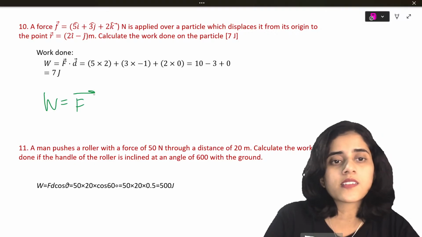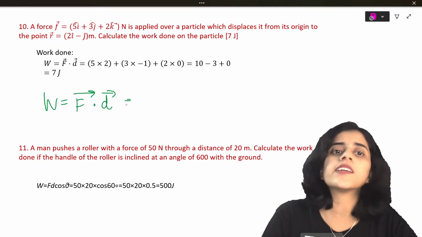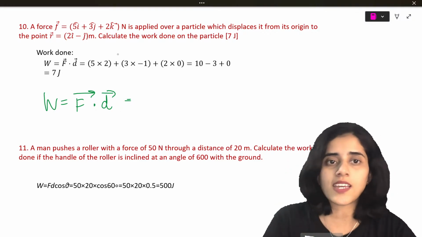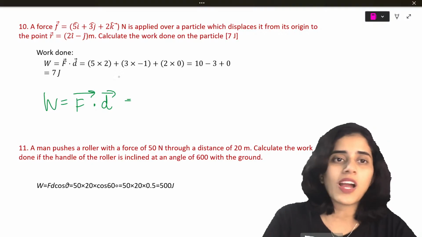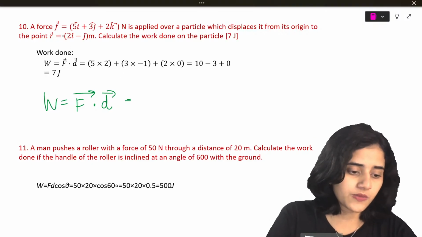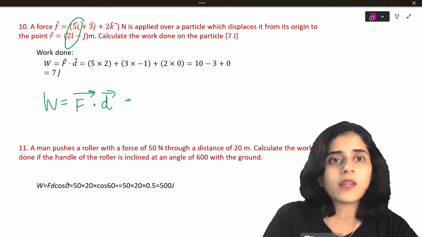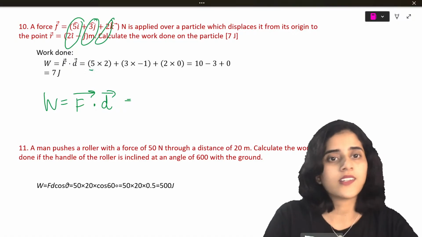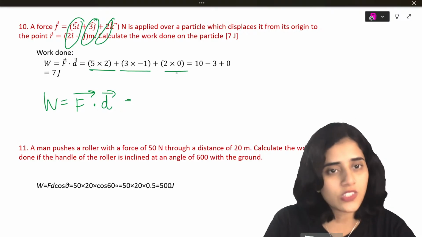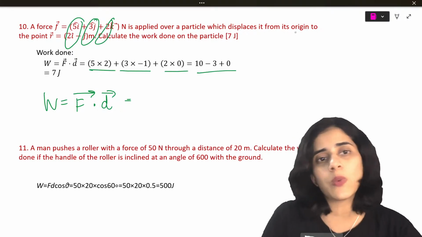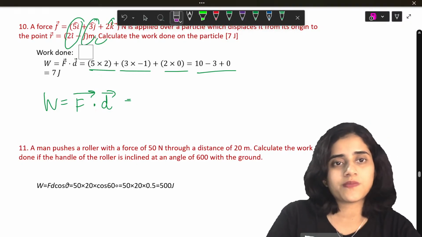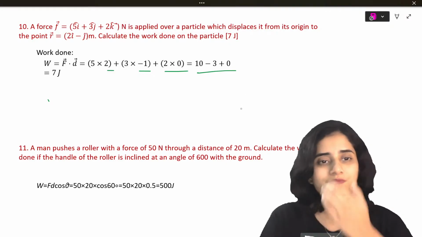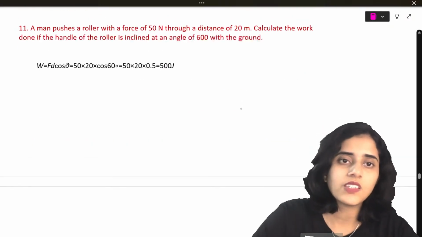Work done is force dot displacement. Force is 5i cap plus 3j cap plus 2k cap. So I'll multiply the i cap terms, 5 and 2, the j cap terms, 3 and minus 1, and the k cap terms, 2 and 0. So what do I get? 10 minus 3, which is 7 joules. Very easy, no?